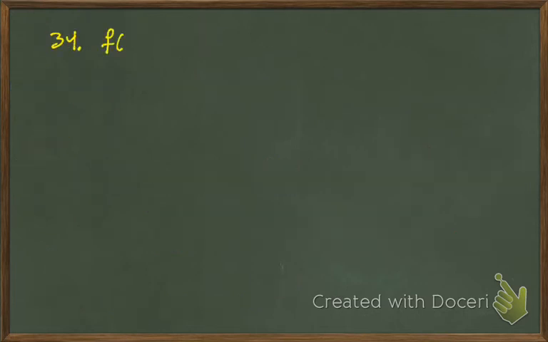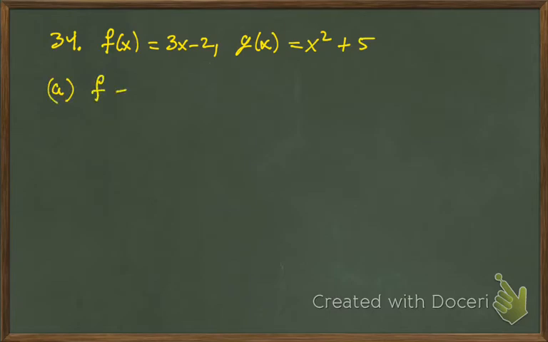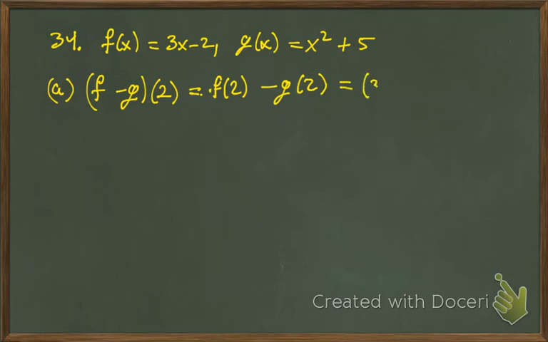Alright, problem 34, f of x is equal to 3x minus 2, and g of x is equal to x squared plus 5. Part A says let's find f minus g of 2, so that means plug 2 into f, and then subtract from it g of 2.